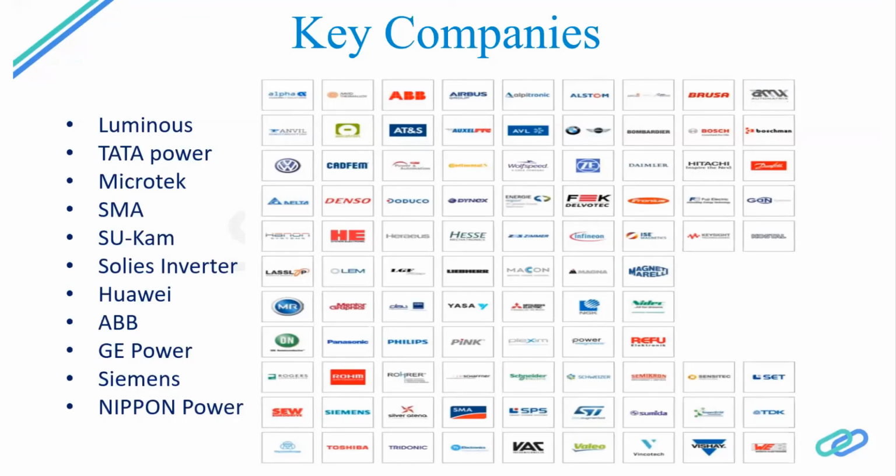They are all producing inverters, and they are looking for engineers. If you have the hands-on experience, you can put that in your CV. Maybe that will help you get the job.